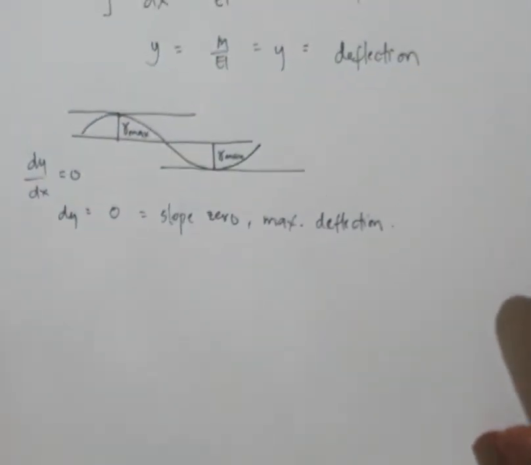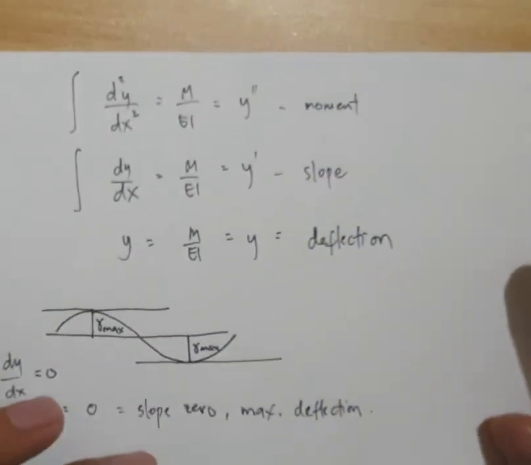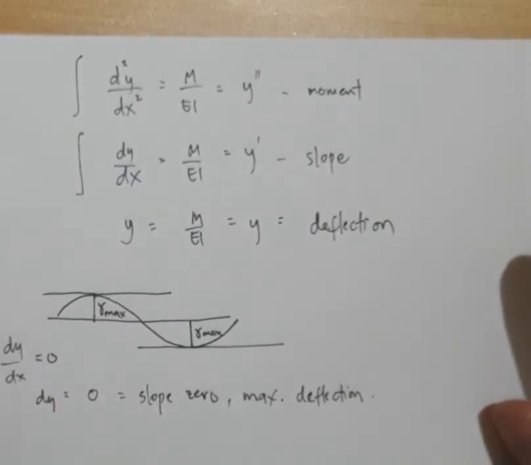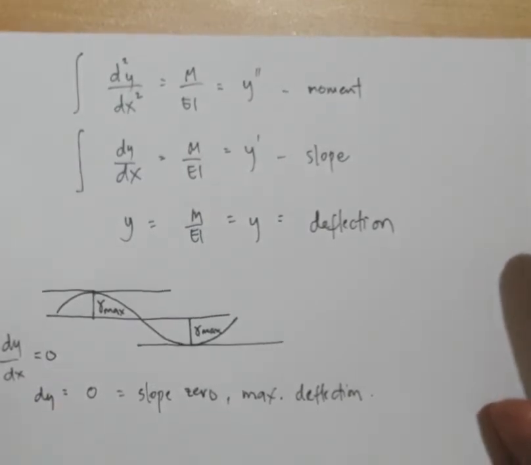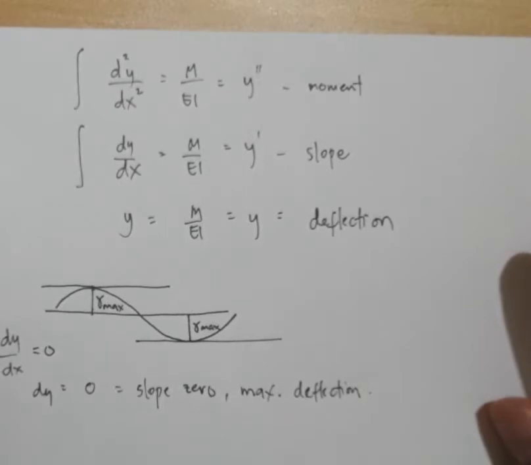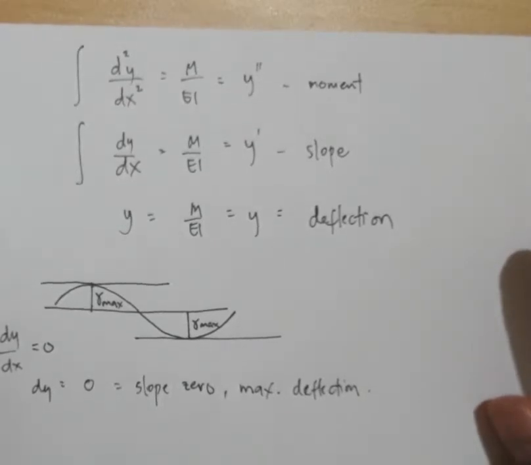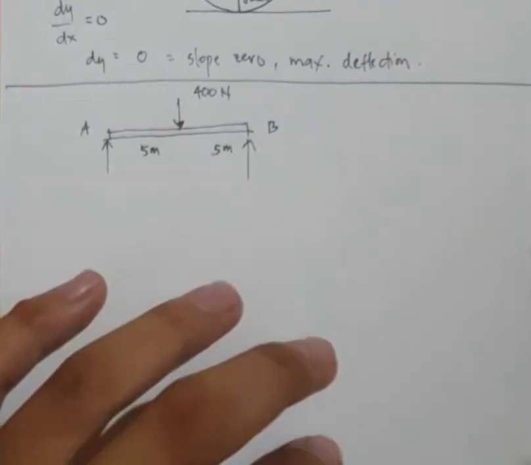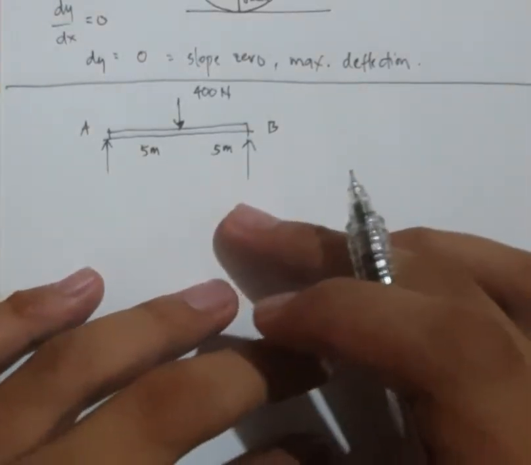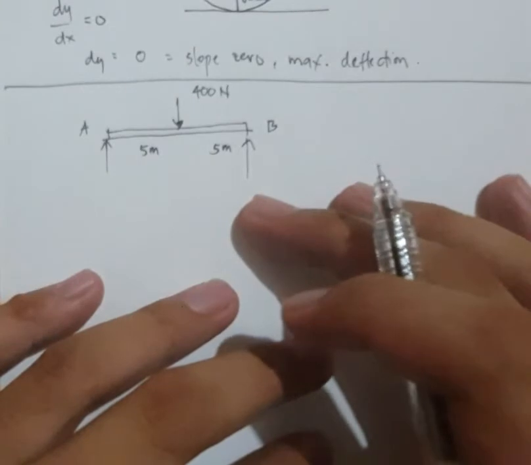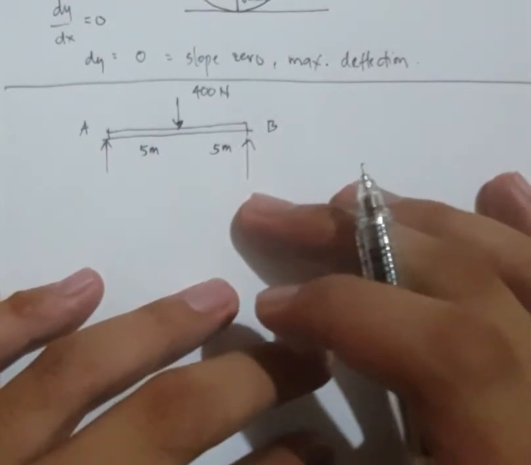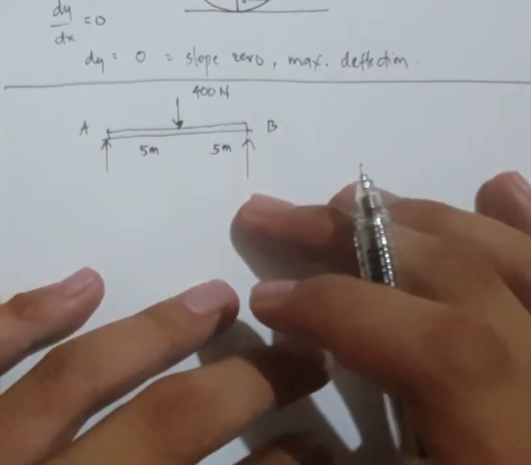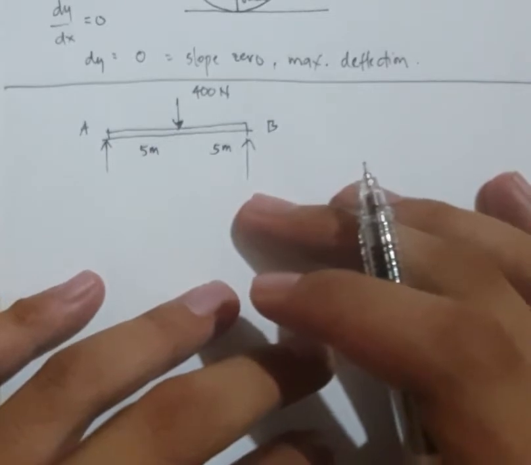Okay, so that is the concept for the moment double integration method. So let's try to solve this problem. We have a simply supported 10 meter beam loaded with 400 Newton at the midspan.